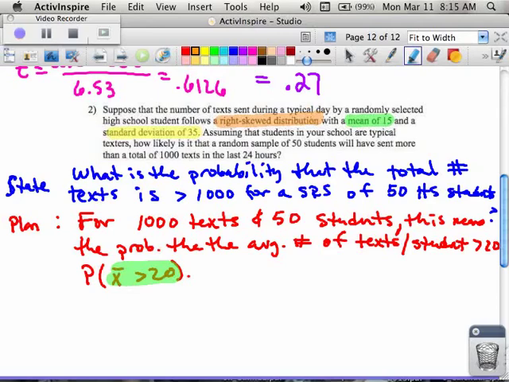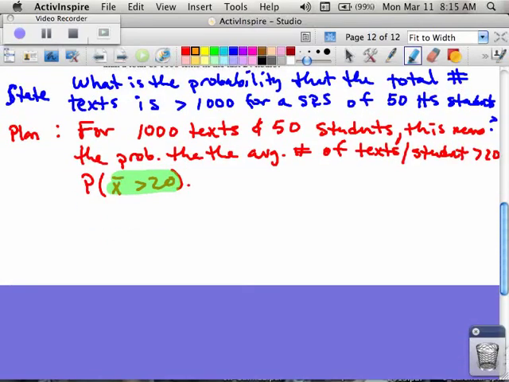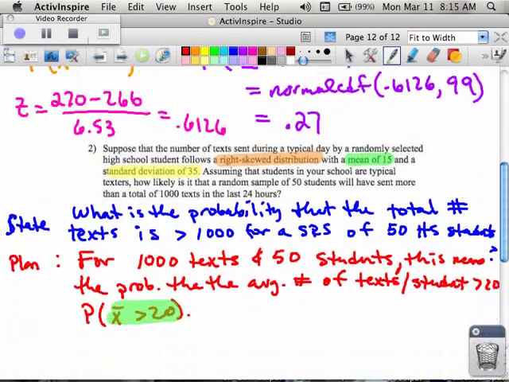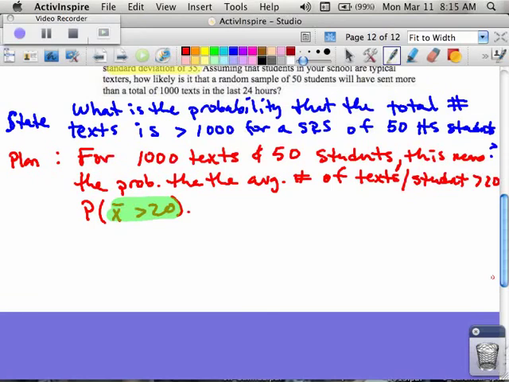So I need to know, first of all, that since the sample is large enough, the mean of my sample is going to be, did they say 15, right? 15.